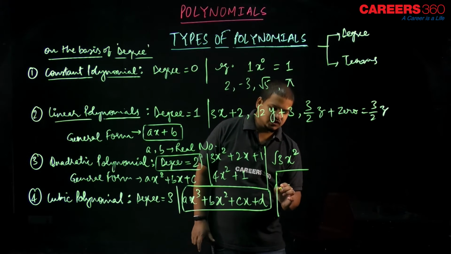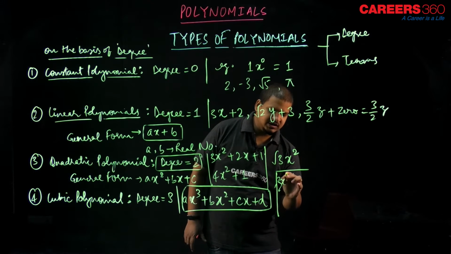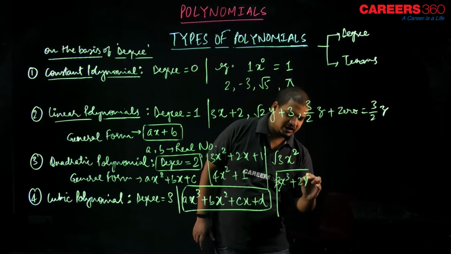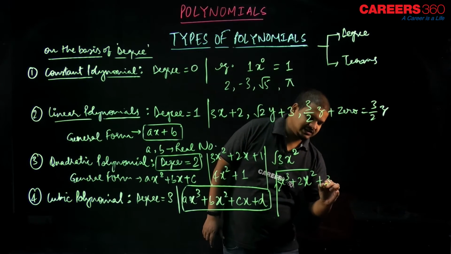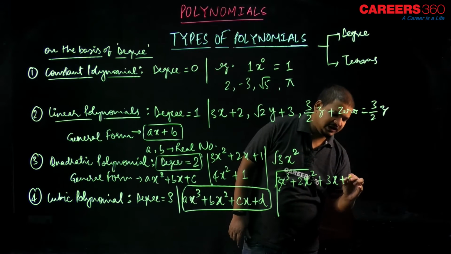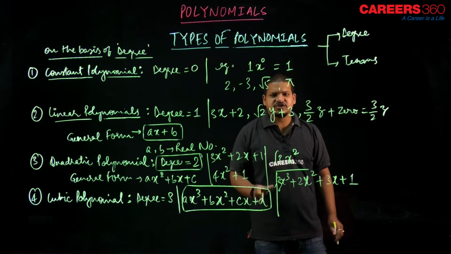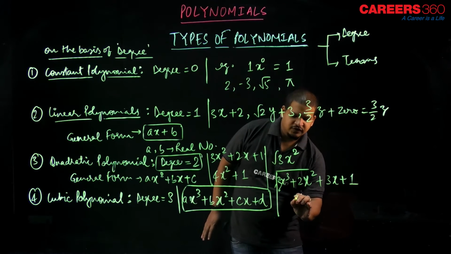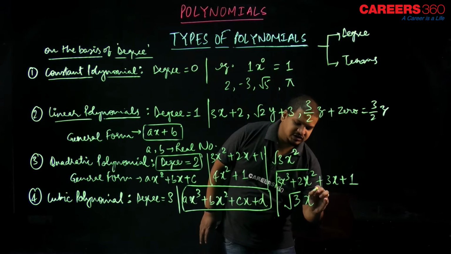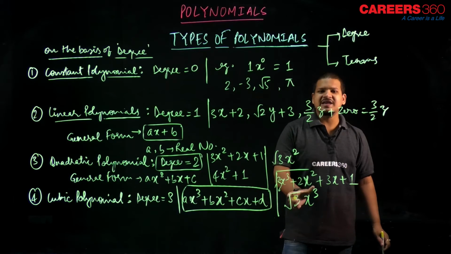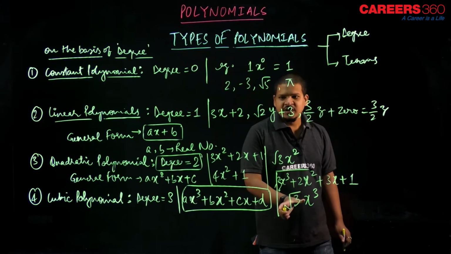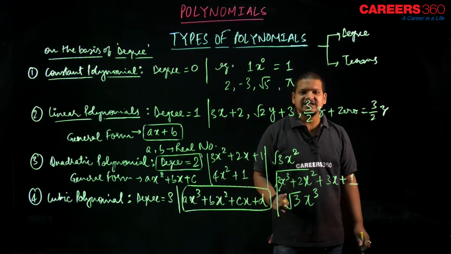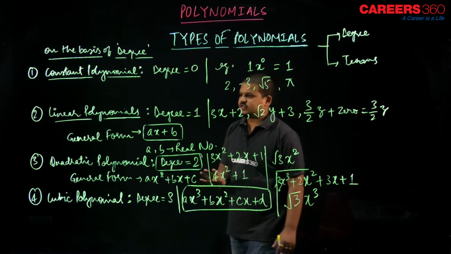So its examples could be 3x cube plus 2x square plus 3x plus 1. This is one of the straightforward examples of cubic polynomial. If I write under root 3x cube, this will also be a cubic polynomial. Why? Because here the value of b, c and d is 0. That we can take obviously.